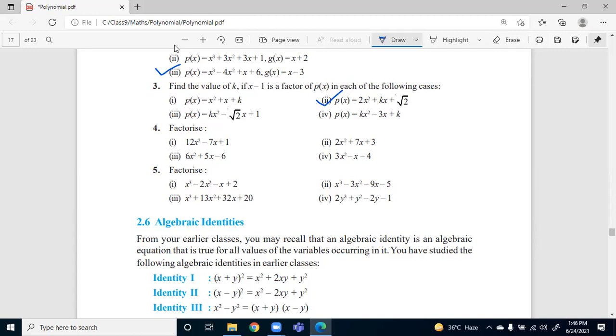Ma'am, is k equal to minus 2 root 2? Yes, ma'am. No, that is wrong. Please pay attention. You are making a very silly mistake, I should say. It is not minus 2 root 2. Just concentrate on where you are going wrong.